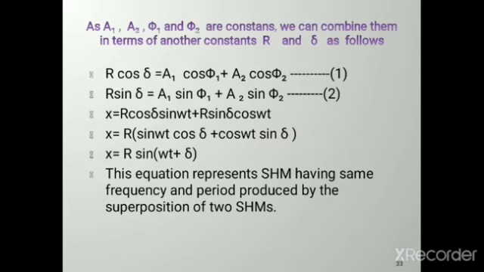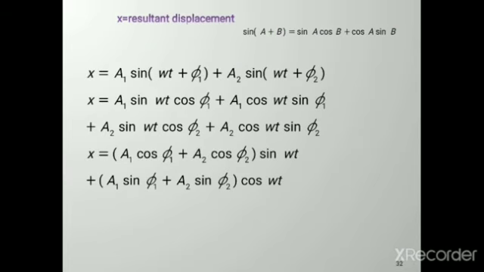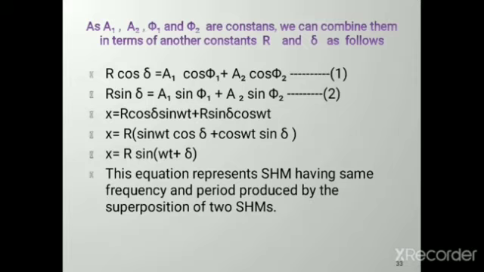Therefore, our equation of displacement becomes x is equal to r cos delta sin omega t plus r sin delta cos omega t. You can take r common. So in a bracket you will get sin omega t cos delta plus cos omega t sin delta. This is the expansion of sin(omega t plus delta). So the equation of the resultant SHM becomes x is equal to r sin(omega t plus delta).